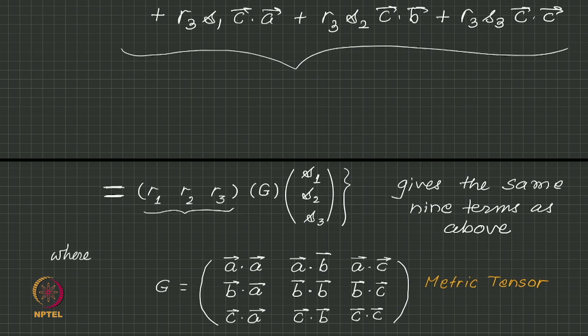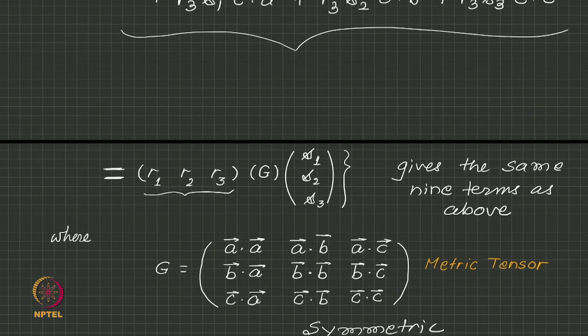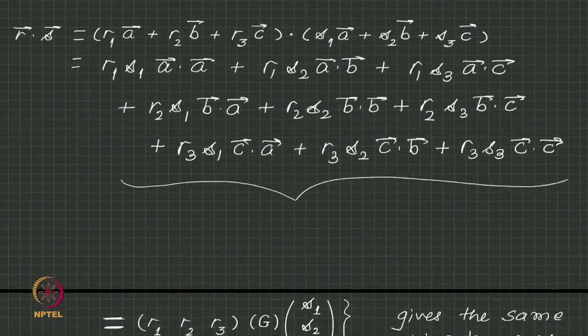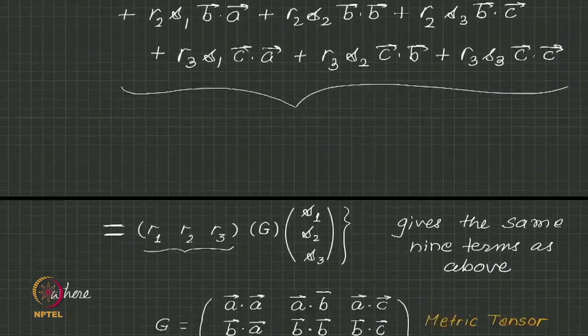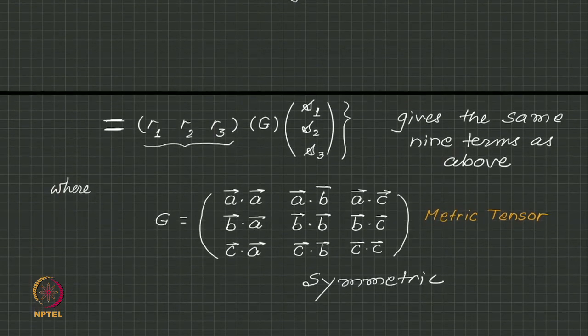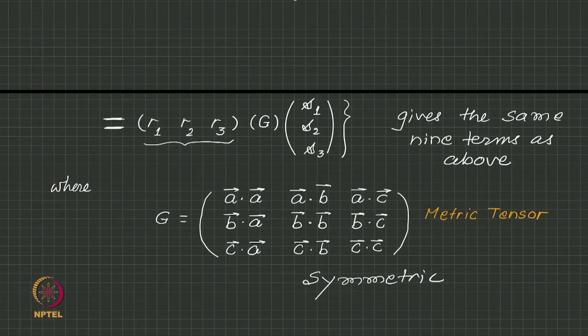If you open out this matrix, you will find that you get the same 9 terms. The advantage of writing it in matrix form, first of all, is that it is more compact than writing a 9-term sum. The other advantage is that it separates the terms which depend on the lattice parameters, which is G, the metric tensor, from the components of the vectors, which can be anything.